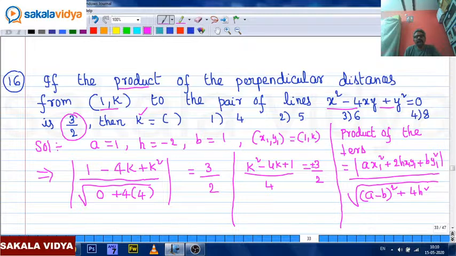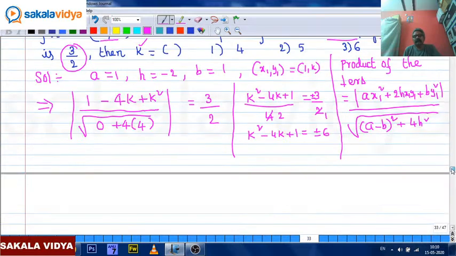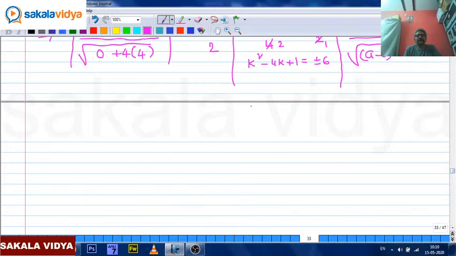Actually plus or minus you will consider. So we have k square minus 4k plus 1 equals to plus or minus 6. So we get two cases: k square minus 4k plus 1 equal to 6.